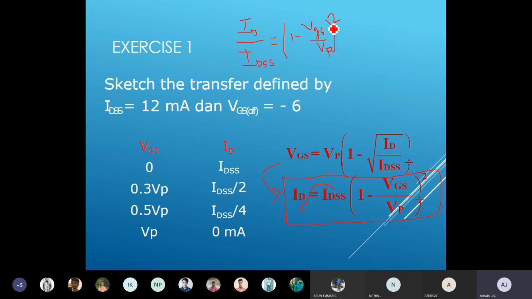Suppose I take the square root on both sides, so the equation will become square root of ID divided by IDSS equals 1 minus VGS divided by VP.